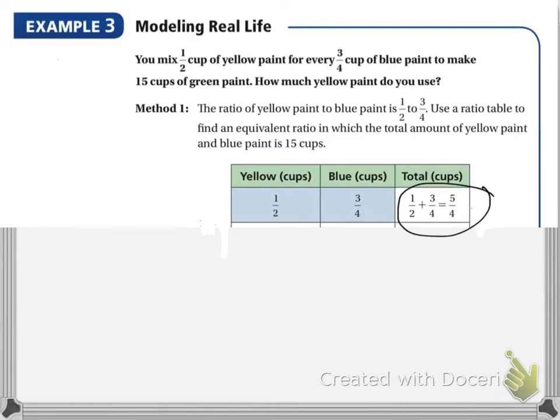So then I know that 5/4 times something is going to get me to that 15 cups of the green paint that they want once it's all mixed together. So 5/4 times something equals the 15 cups of green paint.